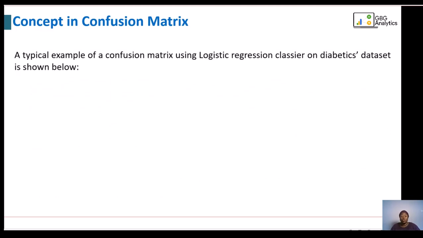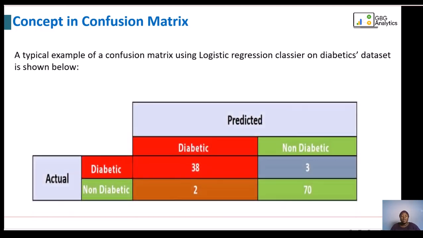A typical example of a confusion matrix using logistic regression on the diabetes dataset is what I'm about to show you. For this dataset, we have 41 people that are diabetic, and for non-diabetic, we have 72 patients. Out of the 41 diabetic patients, 38 were rightly classified as diabetic.